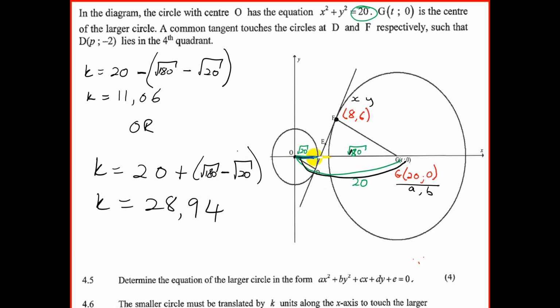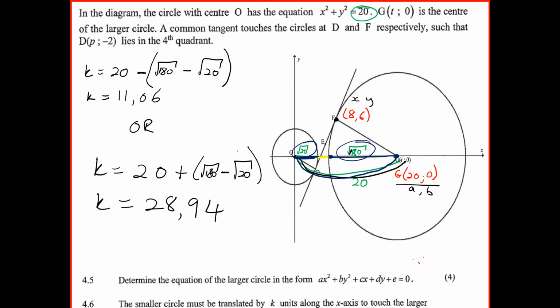So you can see the circle, just to remember what we are doing there, is we're looking at the radius to be root 20. The radius of the big circle is root 180, and the distance from O to G is 20 units. And therefore, if we take 20 and we subtract the difference between both the radiuses, that will give us a touch.